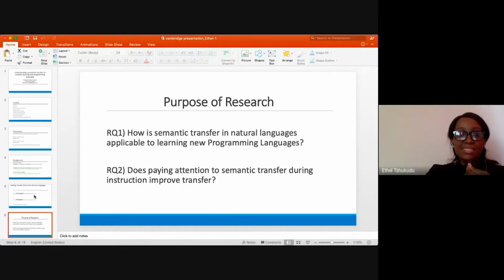So what I did was to try to explore the semantic transfer theory from natural languages, to explore how that is relevant to programming languages and understanding, and how paying attention to semantic transfer can help in instruction.